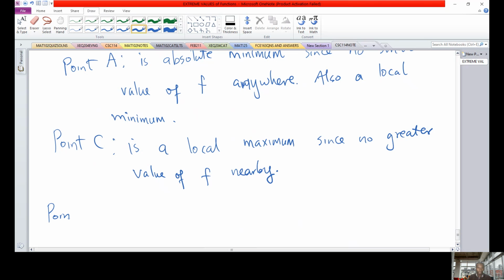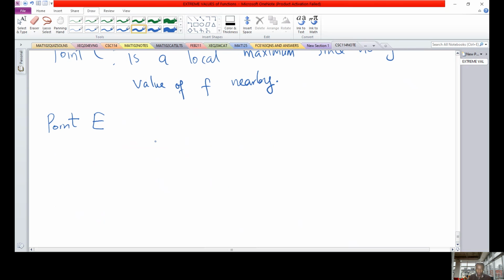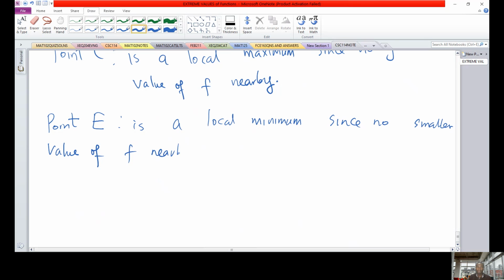Then point E is a local minimum since no smaller value of f nearby. It cannot be called an absolute minimum because there is another point in the domain of the function which is lower than that point.